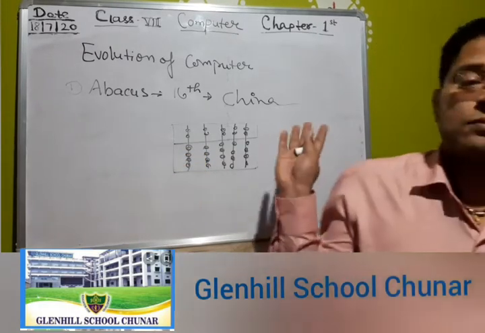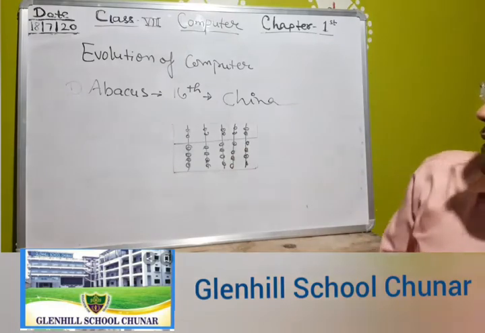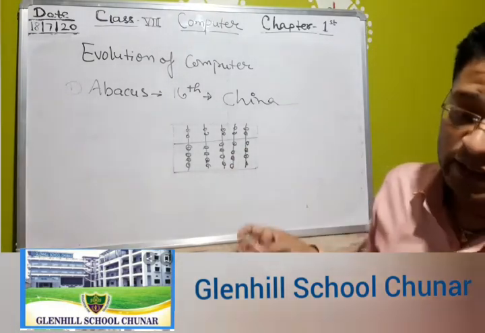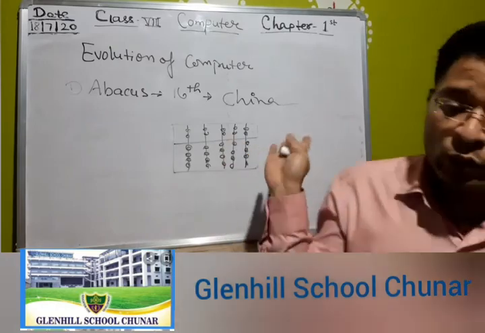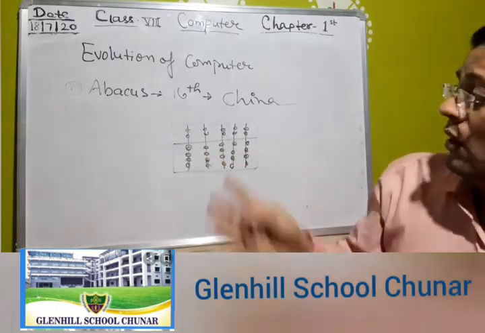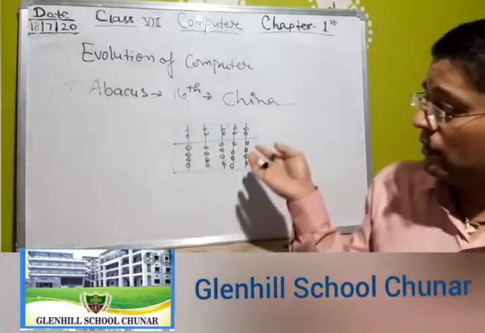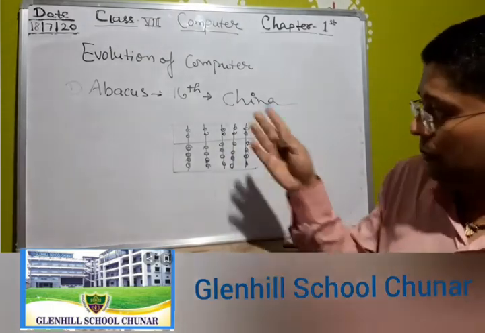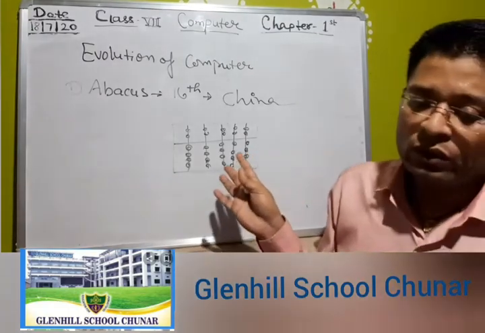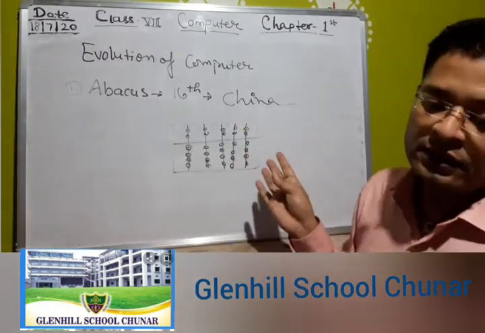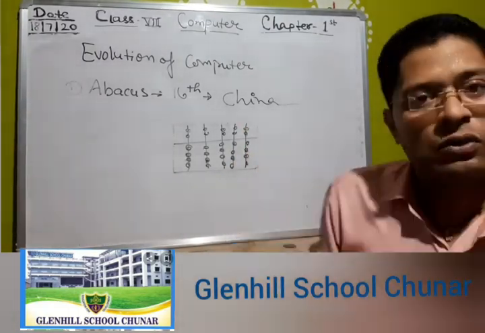Okay, student. So this is an abacus machine, and it is divided into two parts. The parallel wires and a horizontal beam separate the frame into two sections, dividing the beads into two groups.